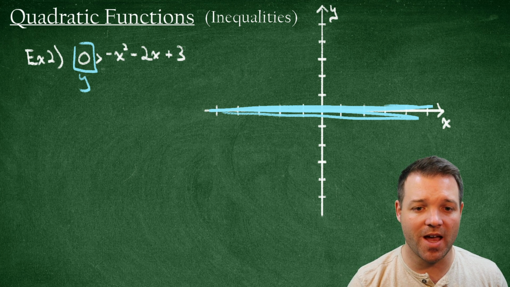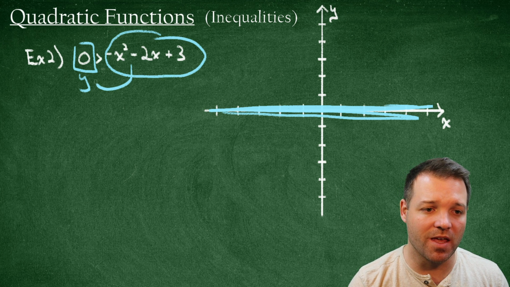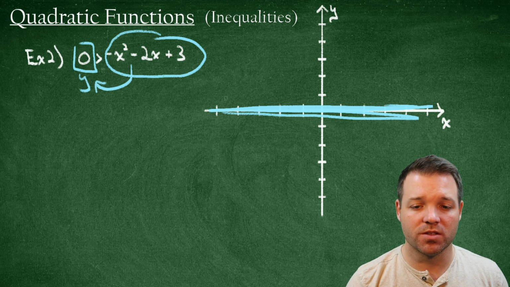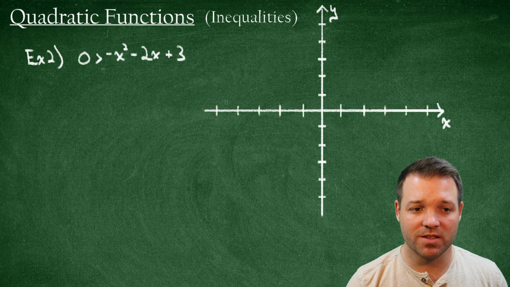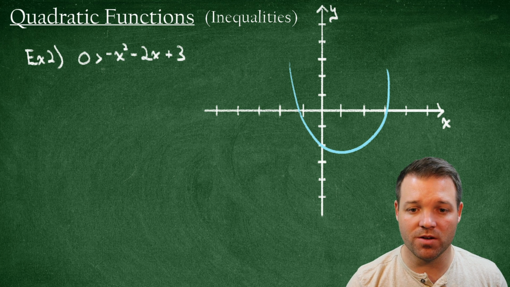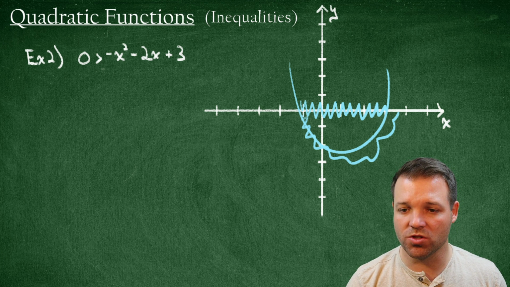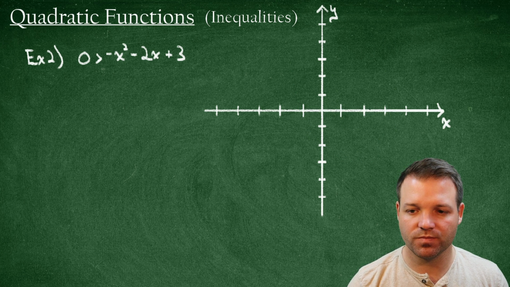So this is really asking, where is this side less than or underneath 0, or underneath the x-axis. So once I graph this thing, essentially wherever this is underneath, but only in the x, is going to be where my solutions are. Okay, so let's go ahead and figure this out.